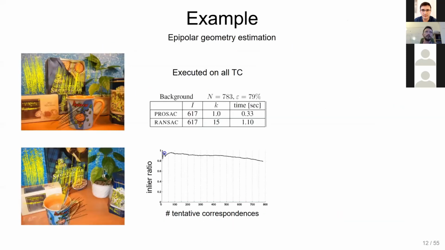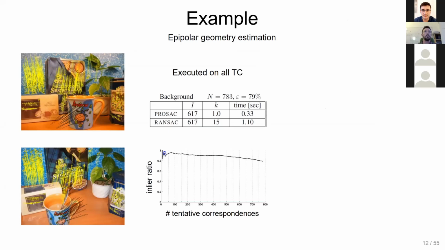So here is an example. There is an image pair, there is a motion in the scene, so there are actually 2 models. In total, there are 783 correspondences, and the background correspondences make up 79% of those tentative correspondences.